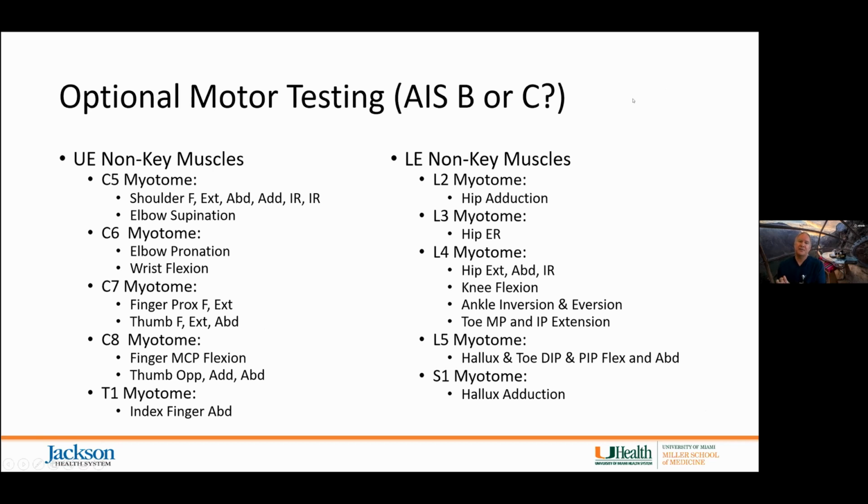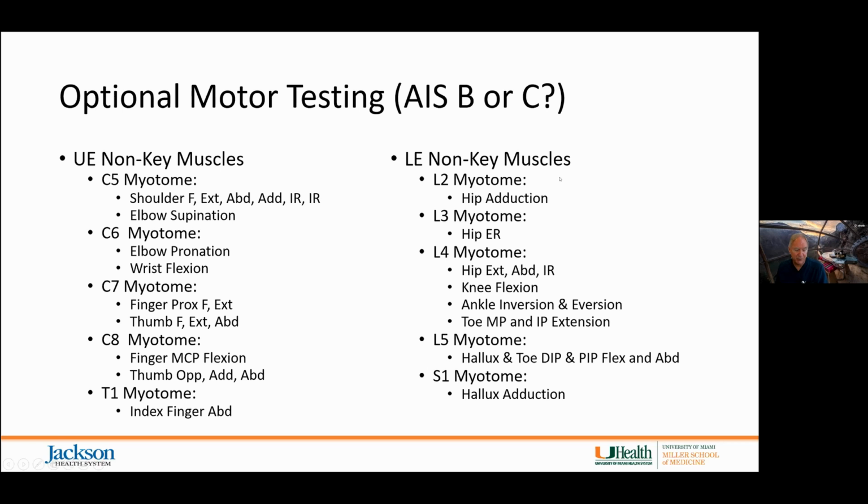Now, the other time that you might consider using other muscles of similar myotomes is when you're trying to discriminate between an ASIA Impairment Scale B or ASIA Impairment Scale C. And so if somebody, for example, has some hip adduction, I might report that, and I'll put that over on the side of the box, because that tells me that they've got some motor movement below the level of the injury, and I want to give them credit for that.